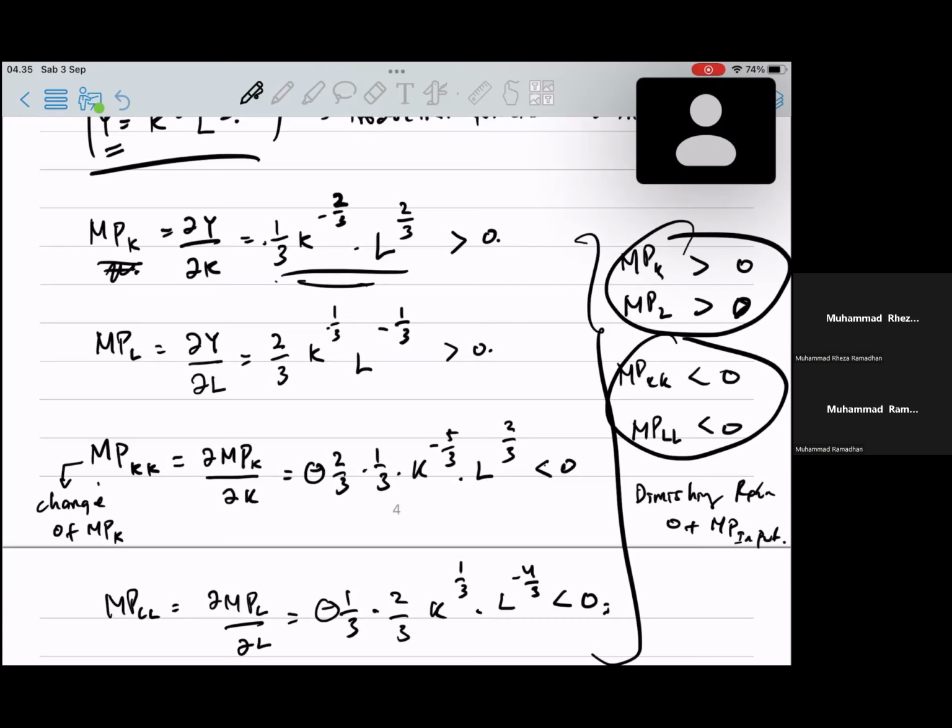Yeah, this is the law of diminishing return of marginal productivity of input. If you know about that, this is how to derive the diminishing return of marginal productivity of input.